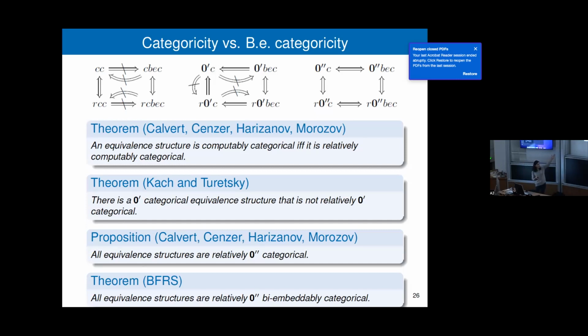So in that situation everything is equivalent. But for the computable case and for the zero jump case, the situation is actually quite interesting. We know that computable categoricity is not the same as computable BE categoricity. In both directions: we have computably categorical equivalence structures that are not computably BE categorical, and vice versa.